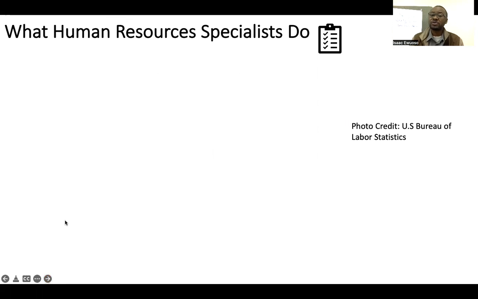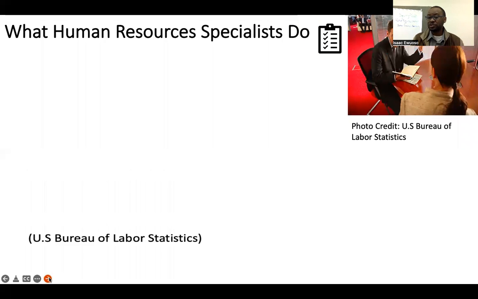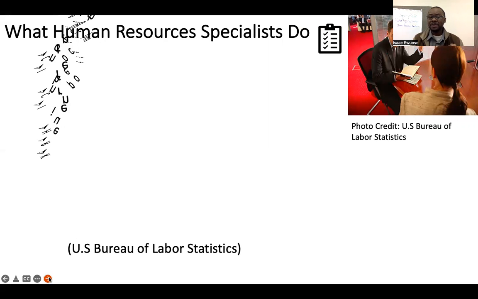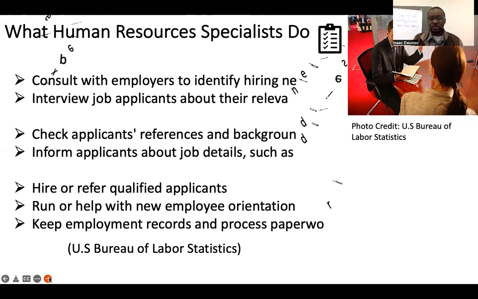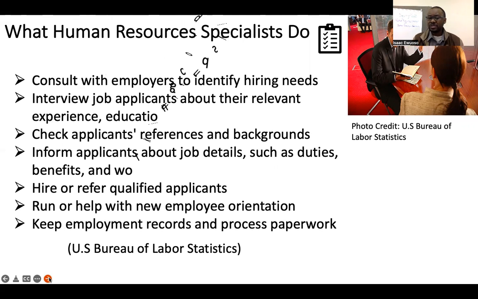Now, a human resources specialist has unique functions. The human resources specialist or generalist consults with employers to identify hiring needs. They interview job applicants about their relevant experience, education, and skills.